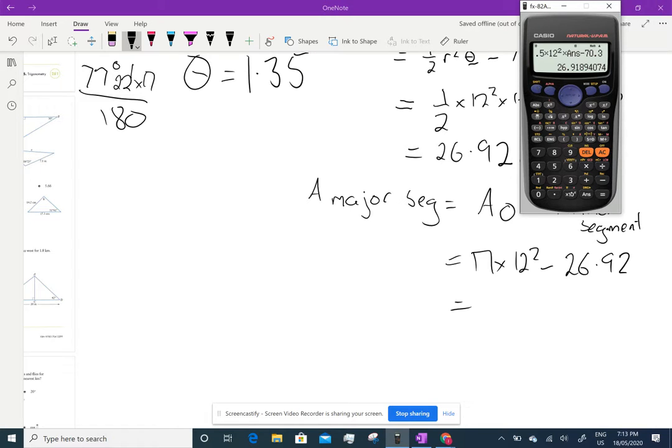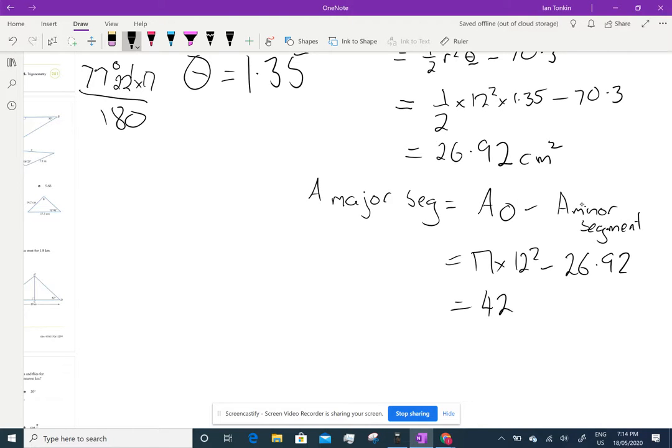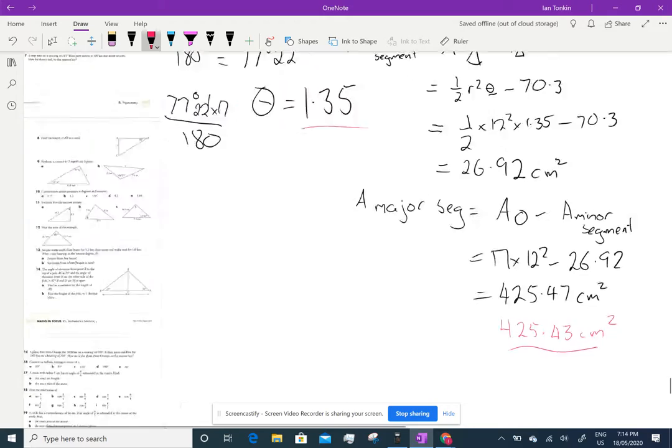So I've got pi times 12 squared minus my answer, 425.47. 425.47 centimetres squared. They got 425.43 with rounded answers. I think mine is more correct, even though I did use a rounded version. Oh no, I didn't, to get all that.